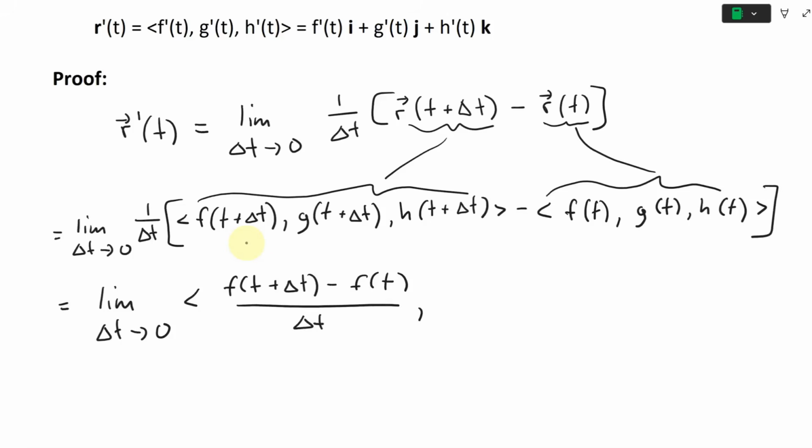And then the next one is going to be the same thing for g of t plus delta t, then minus g of t, and then divided by delta t, and then same for h. So we'll do this all now.